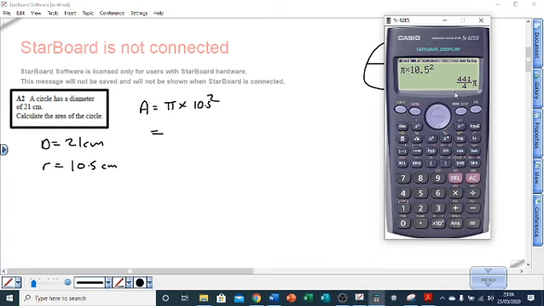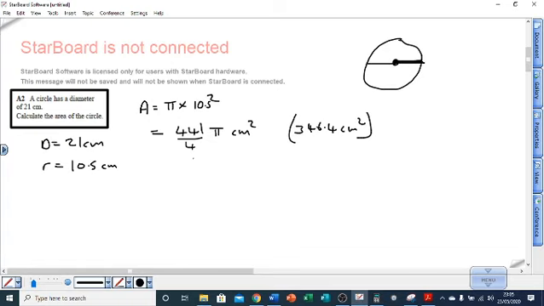It is 441 over 4 lots of pi centimeters, or rather, it is centimeters squared. Okay, and again, you might choose to round it, so it's less accurate, but you might have done that anyway. 346.4 centimeters squared. Okay, so there we go.